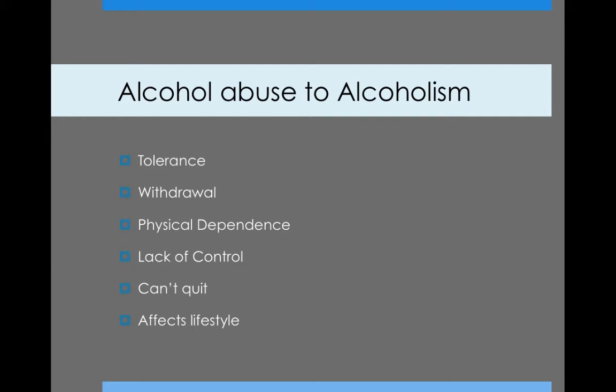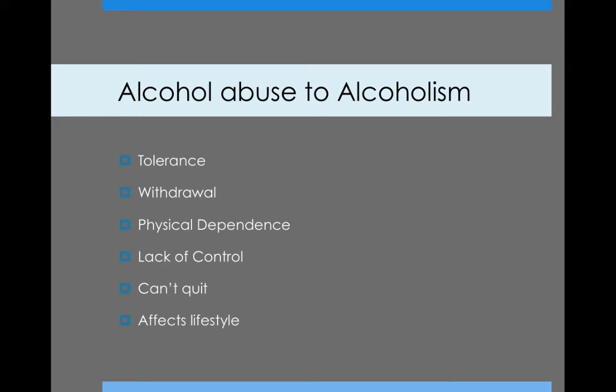In order to not suffer from the physical characteristics of withdrawal symptoms, they choose to drink, which is just a nasty cycle of continuing to drink to cope, and which can ultimately turn into alcoholism.